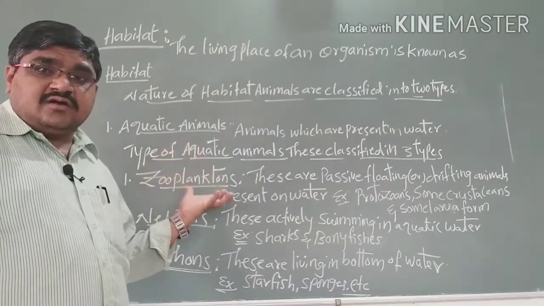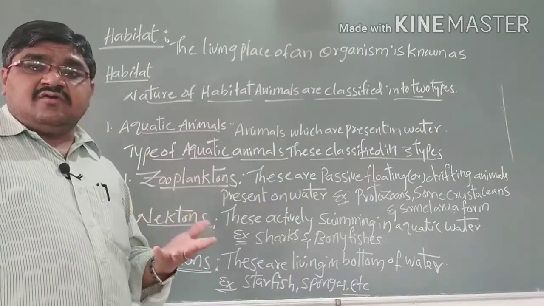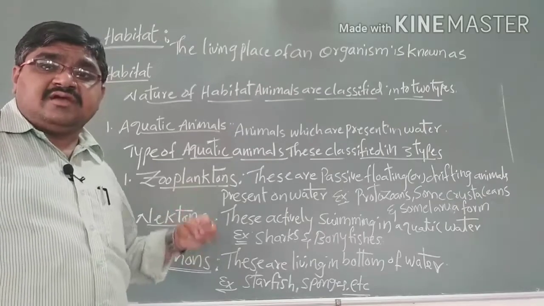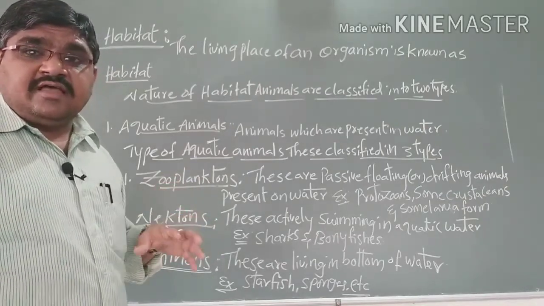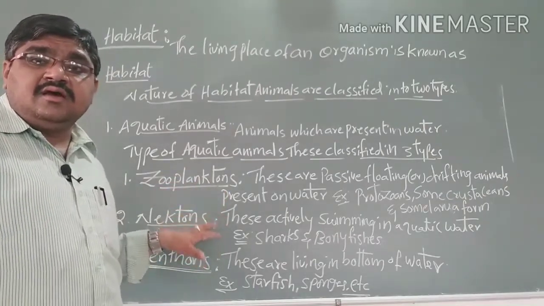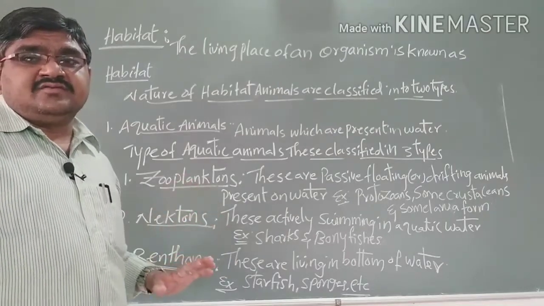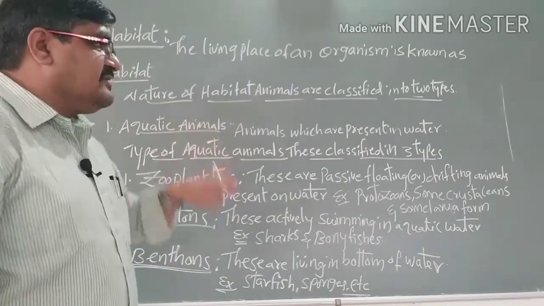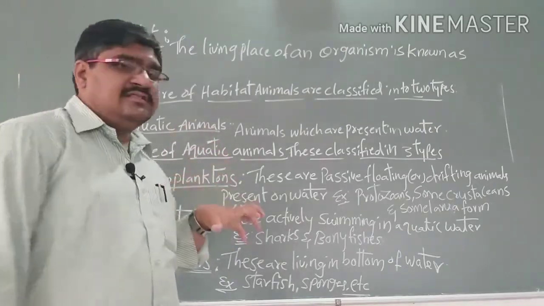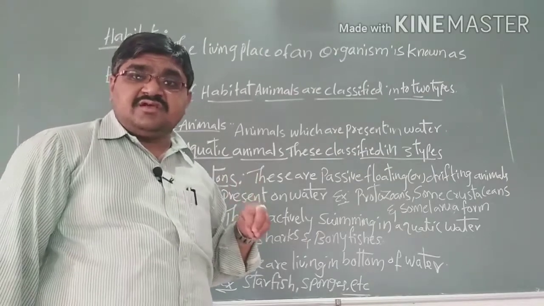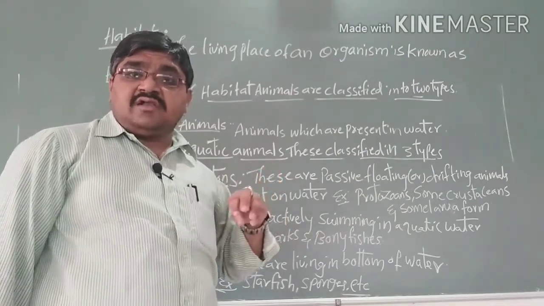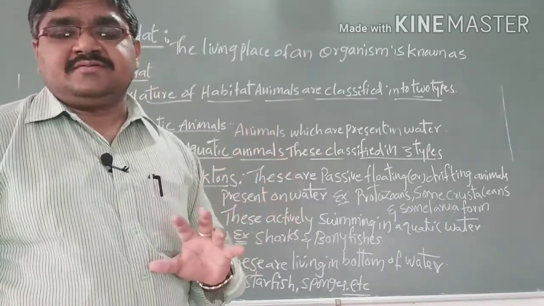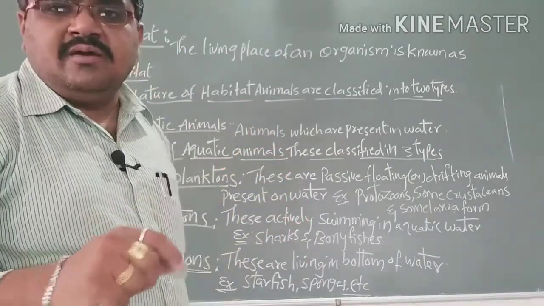Freely swimming ones on the surface of the water are called nectons, and if they are present at the bottom of the water, we call them benthons. Also, based on the nature of the water, the organisms are classified into two types. What are they? Now we will discuss.